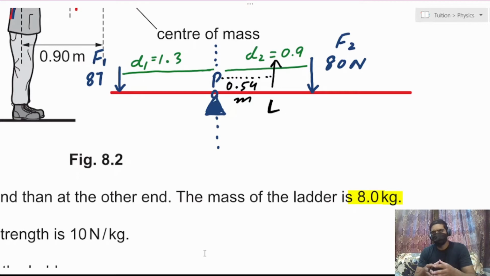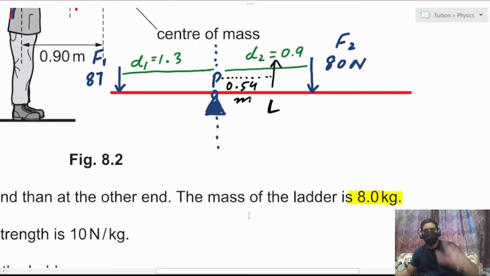If your answer has a positive sign, then whatever direction you assumed is the correct direction of force. And if the value of force that you get is negative, let's say negative 10, then it would imply that the actual direction of force has to be opposite to the direction that you initially assumed.